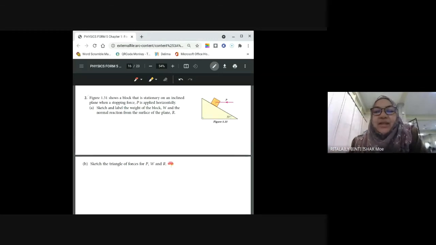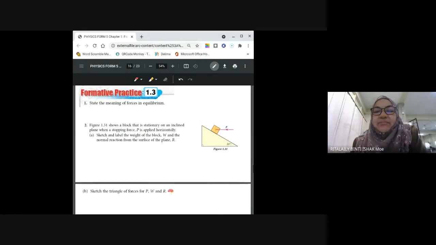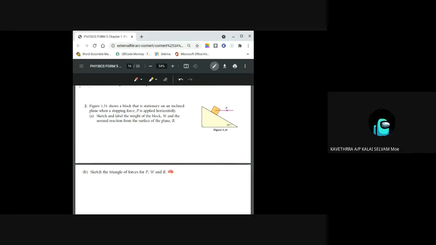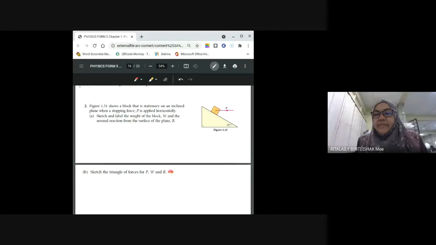Okay, so let's look at formative practice 1.3. Sketch and label the weight. We know the weight will act in which direction? Kavitra, which direction is the weight? Downwards je. Okay, downward, perpendicular to the table below.